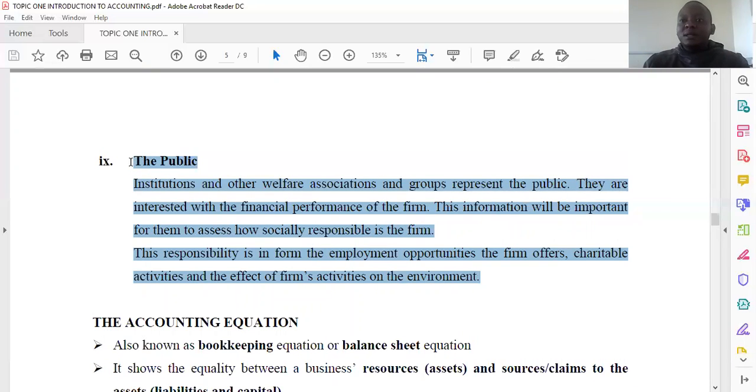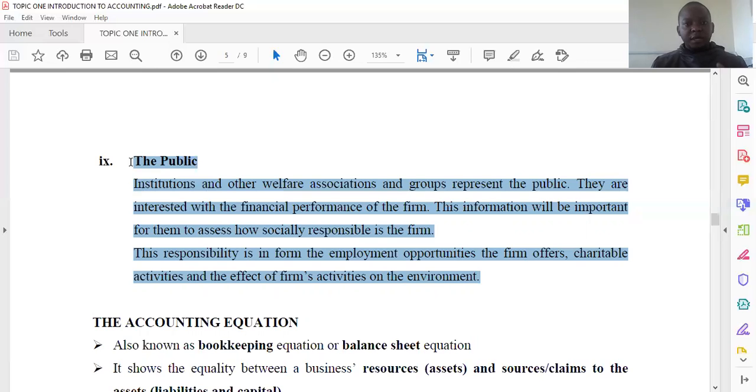The general public is affected by the activities of the business. So the business needs to report its affairs to the general public because the business is a part of the society. The business affects the lives of the society, and as such, the business has to be accountable to the society.